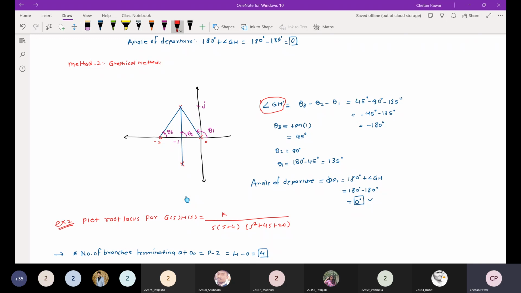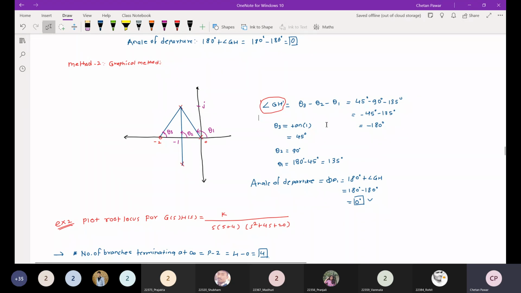Here there are two complex poles at -1 plus or minus j, one at the origin, and one zero at -2. So there will be three angles: one angle from this open loop zero, and the other two angles from these open loop poles.